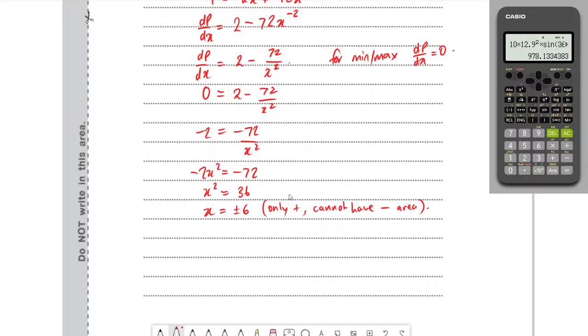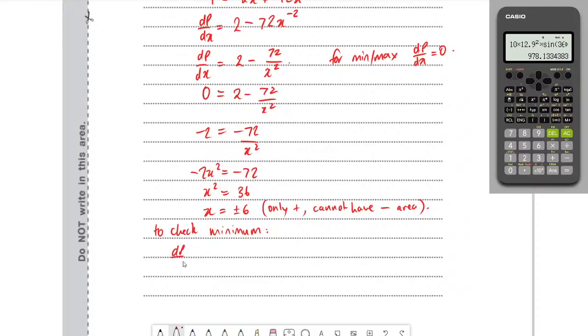Now to check to make sure it's a minimum. This might be overkill in the HSC, but we do need to show that it is a minimum, not a maximum. We're going to do the second derivative.